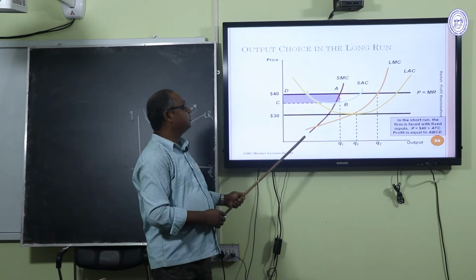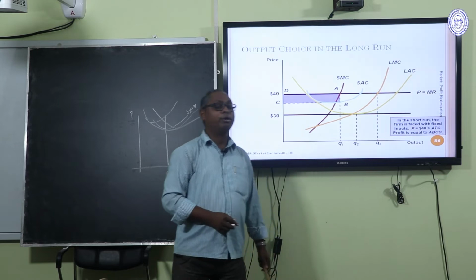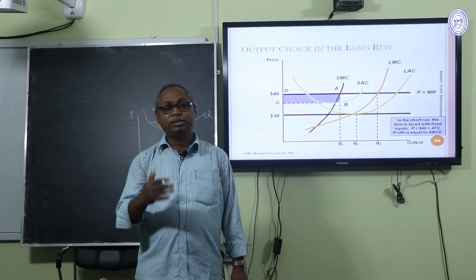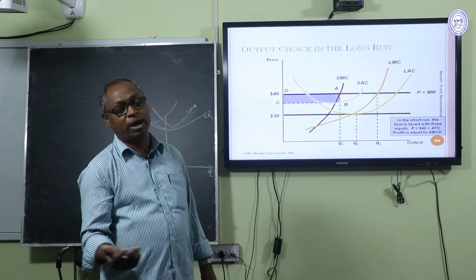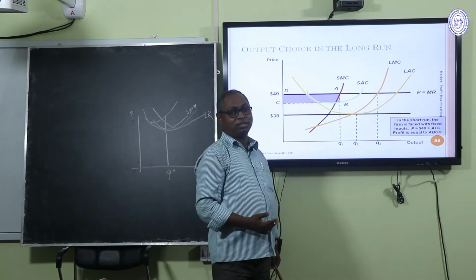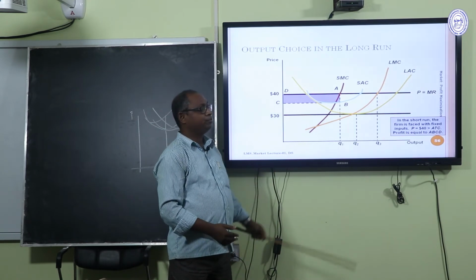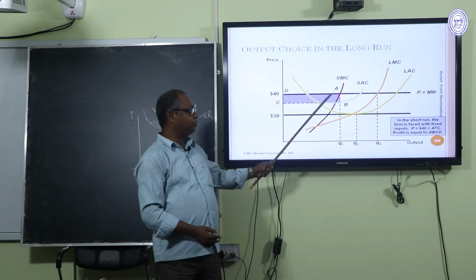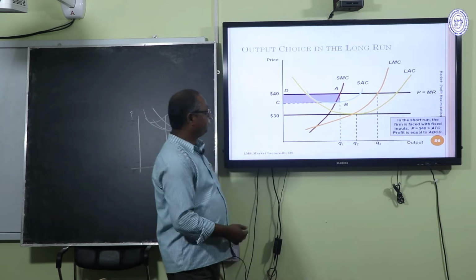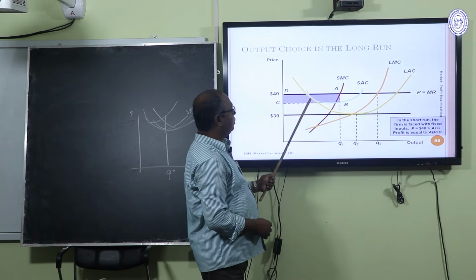Hence there is a possibility of falling price, as demand will not increase so much. With an increasing number of firms in the industry and higher output, price will fall with increasing production. So this is the long run situation, the long run choice.